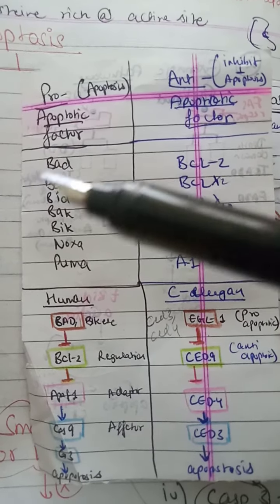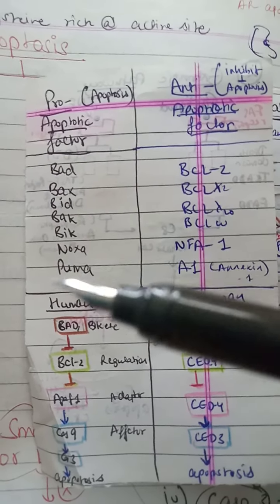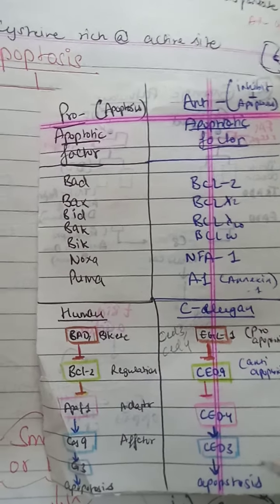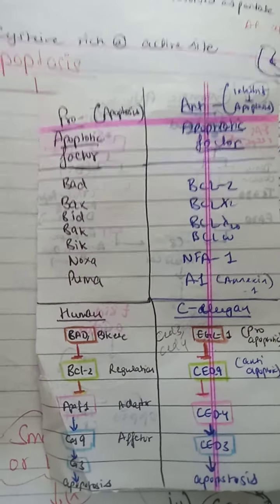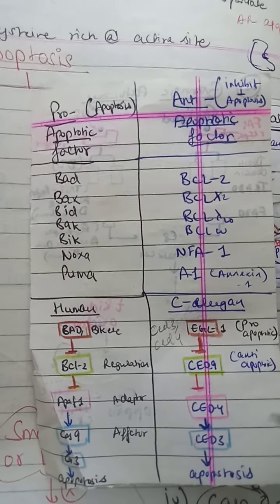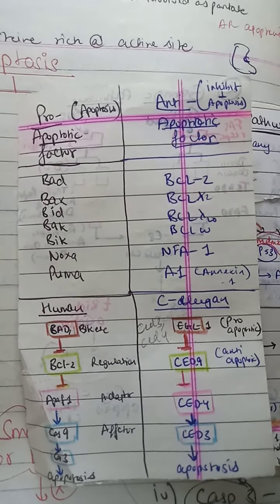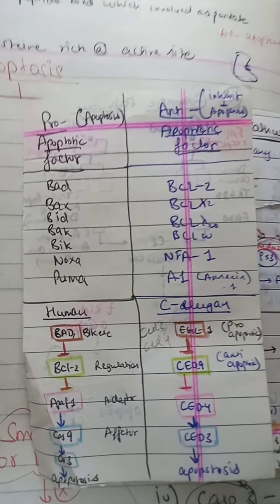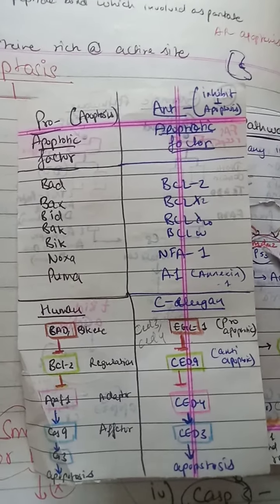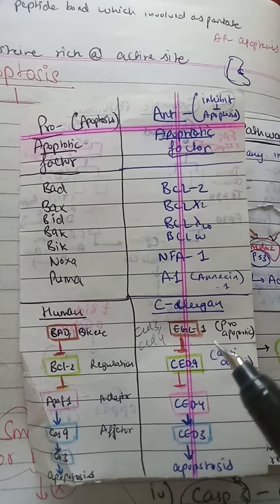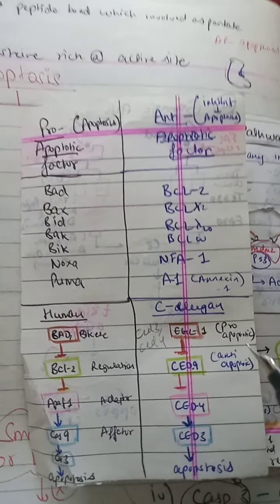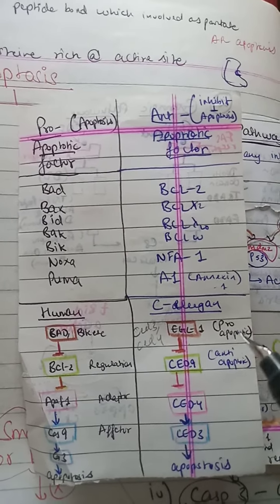So Bad, Bax, Bid, Bak, Bik, Noxa, Puma, they all are pro-apoptotic. It sounds like bad, you know, B, and there is N and P, that is Noxa and Puma. In anti-apoptotic, it means it will inhibit apoptosis, that is BCL2, BCL-XL, BCL-XS, BCL-W, NFA, and A1, that is annexin 1.